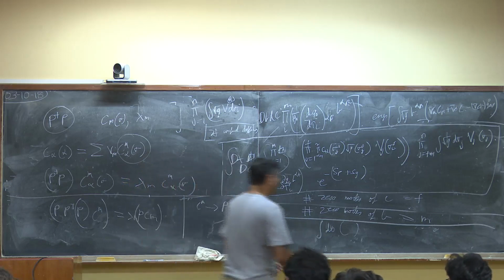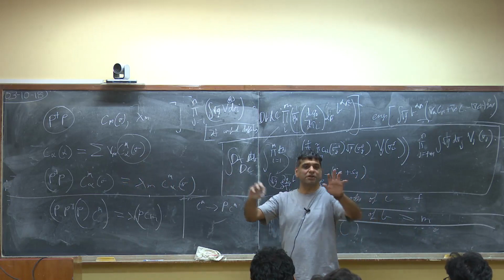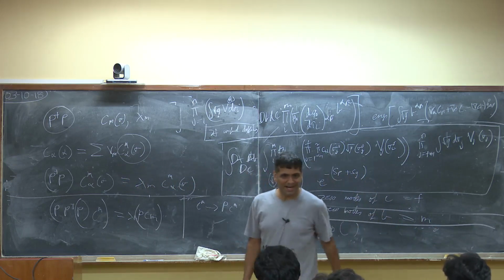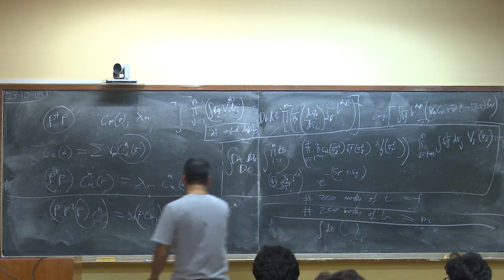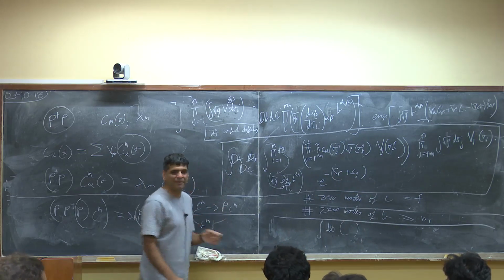So we can separate out the expansion into the zero mode part and the non-zero mode part. In the non-zero mode part, for every Cm, there is a corresponding Bn, which is PCM.